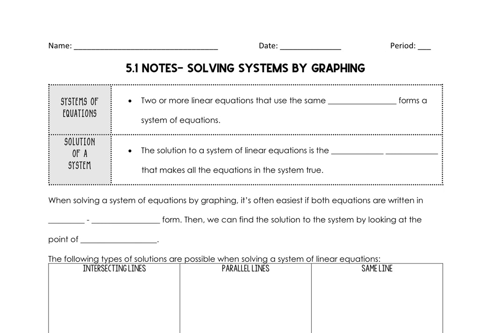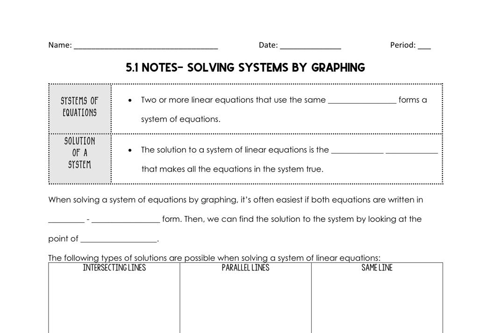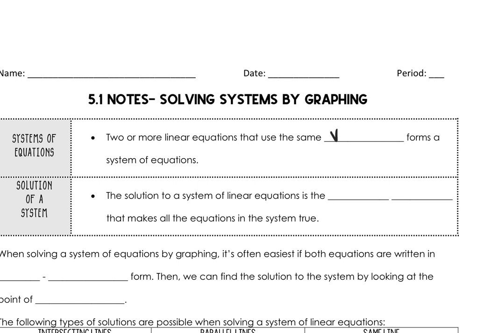Starting with some vocab, a system of equations is 2 or more linear equations that use the same variable or variables.